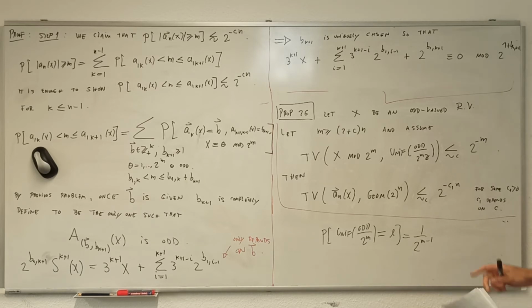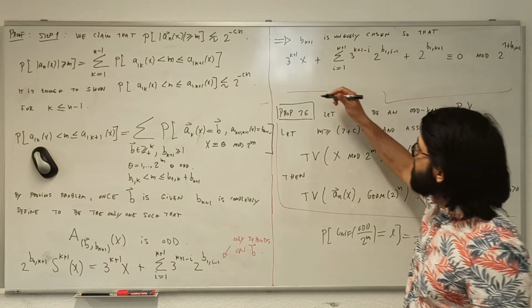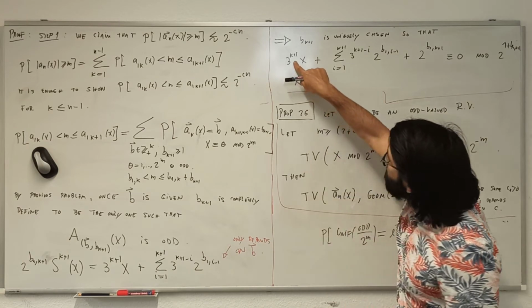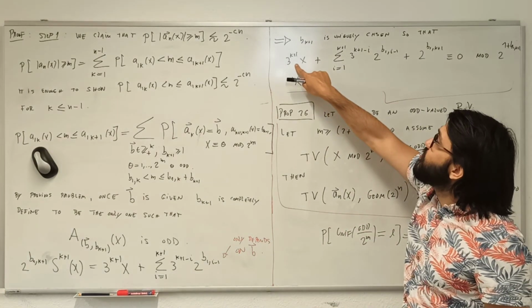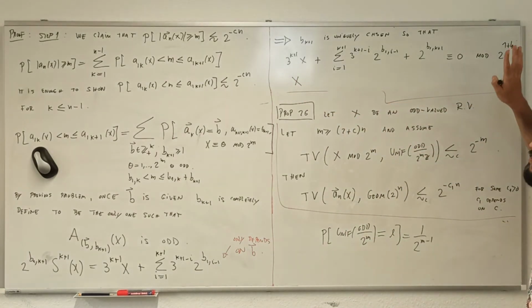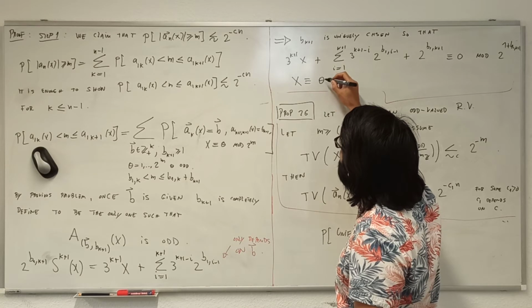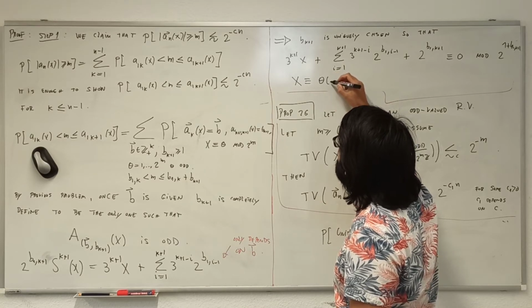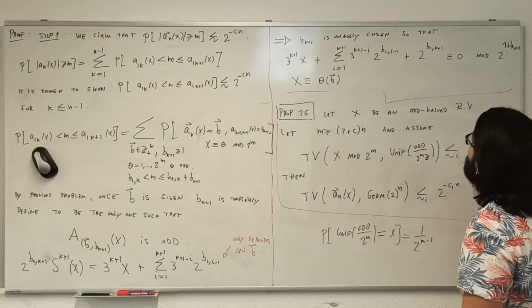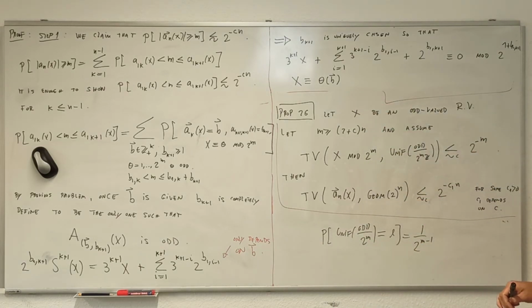But then you see that if that is true, then x, since 3^{k+1} is always invertible modulo 2^L for any L, you see that x has to be congruent to some theta which will depend on b, because this side depends on b.